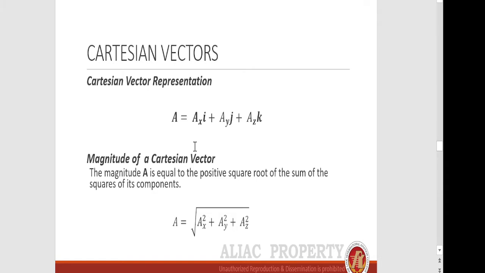To solve the magnitude of this Cartesian vector, you can use the formula A equals the square root of Ax squared plus Ay squared plus Az squared. So the magnitude of vector A is the positive square root of the sum of the squares of all its components: the x, y, and z components.